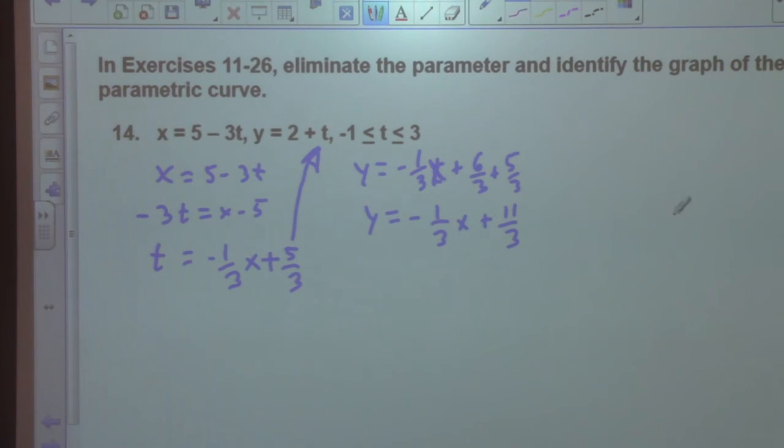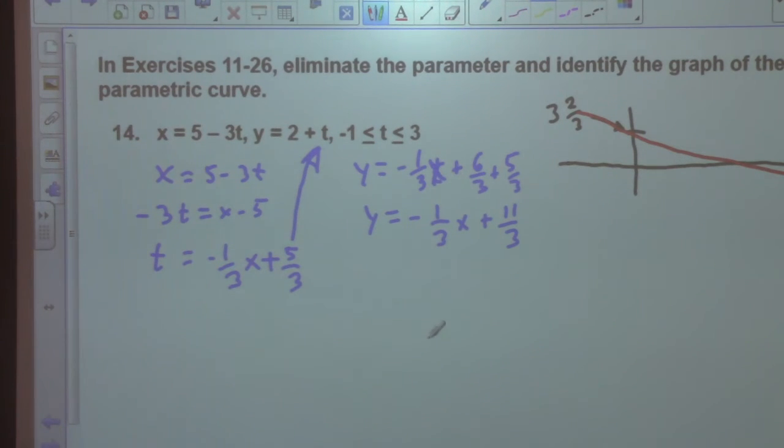So when you graphed, you got 11/3, which is up here somewhere. That's 3 and 2/3, right? And so the line goes like this, doesn't it? Something like that.